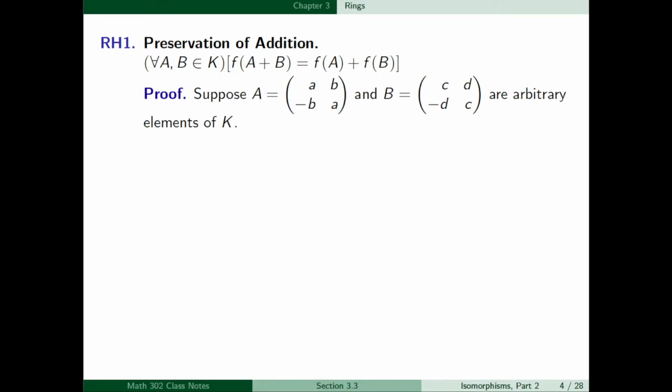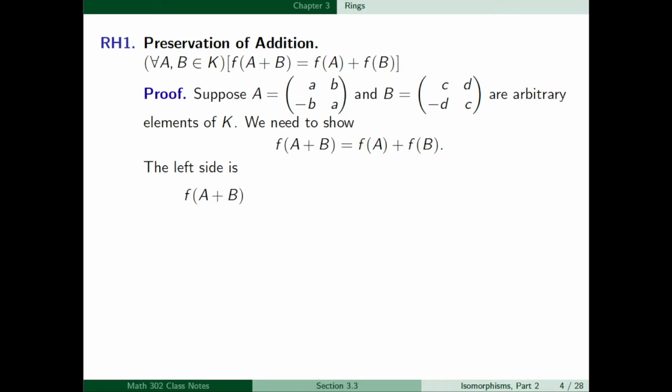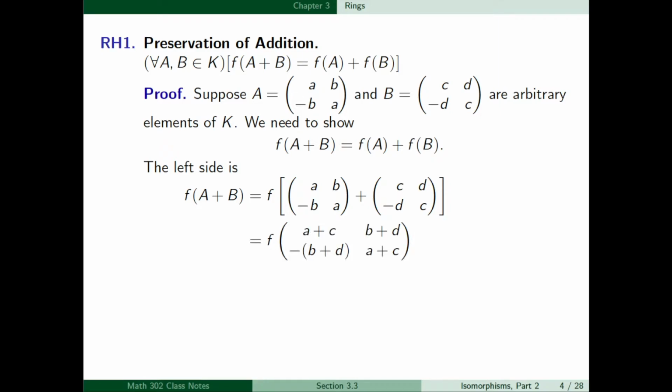So we'll suppose that A is the matrix [a, b; -b, a], and B is the matrix [c, d; -d, c], and that these are arbitrary elements of K. And we need to show f of A + B is equal to f of A + f of B. So the left side is f of A + B, which is f of the sum of those two matrices, and we can go ahead and sum the matrices and we obtain the matrix shown.